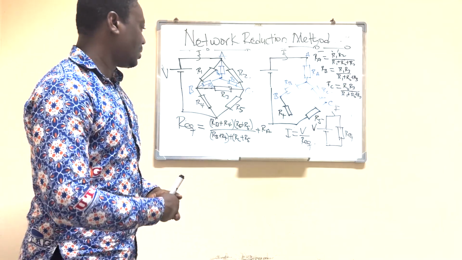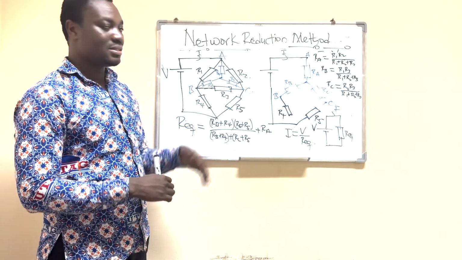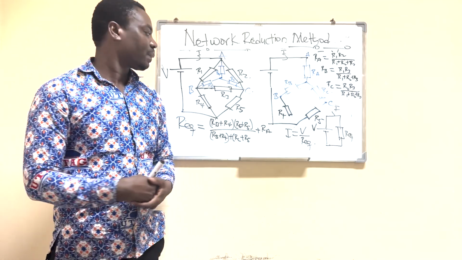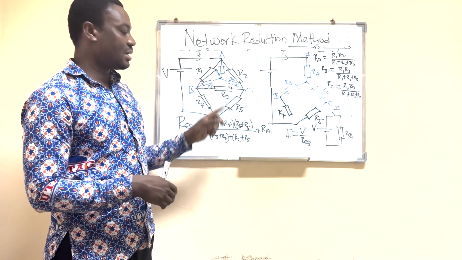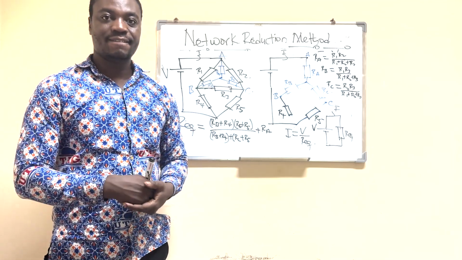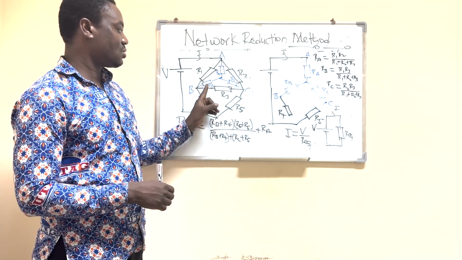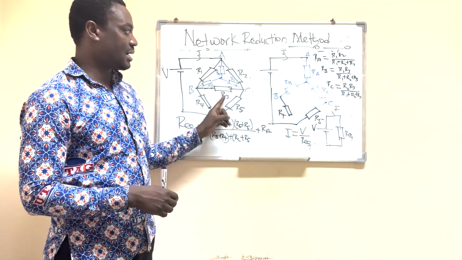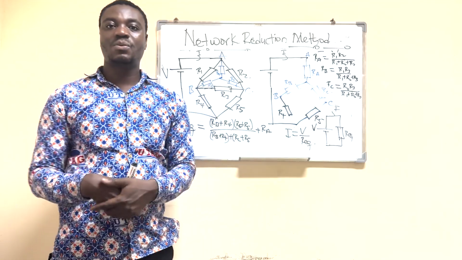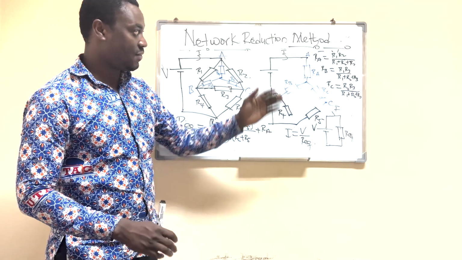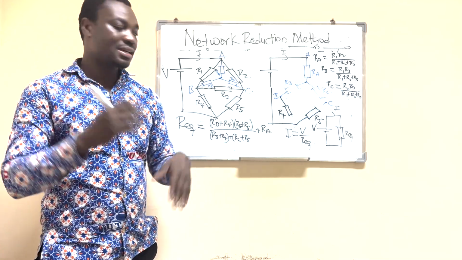And then we do the same thing to calculate RB. For RB, the product of the delta network resistors adjacent to RB will be R1 times R3, over the sum of the delta network resistors. So we have R1 plus R2 plus R3.